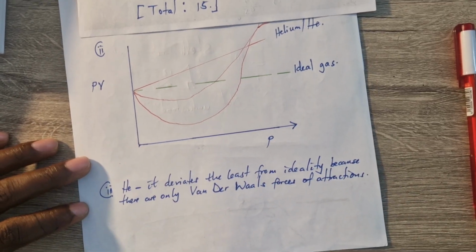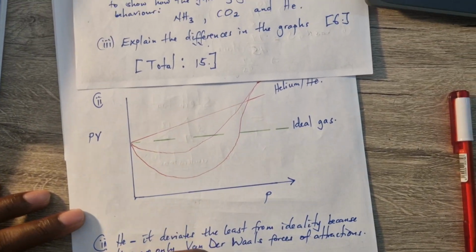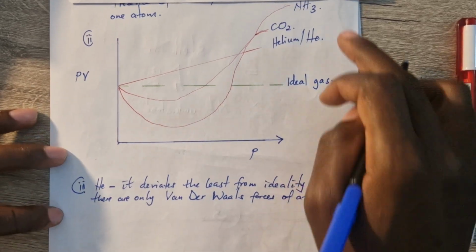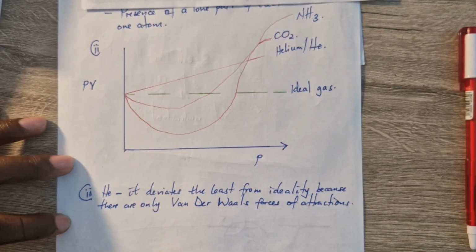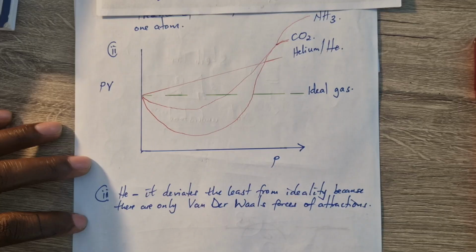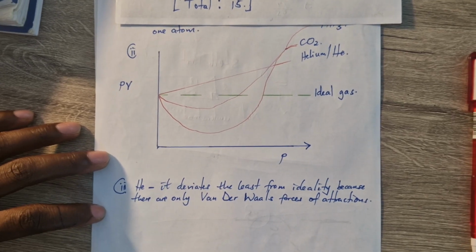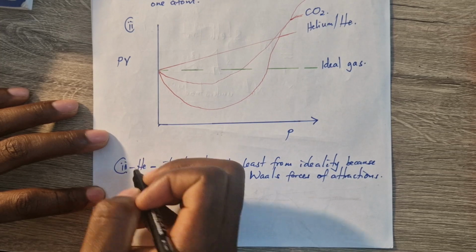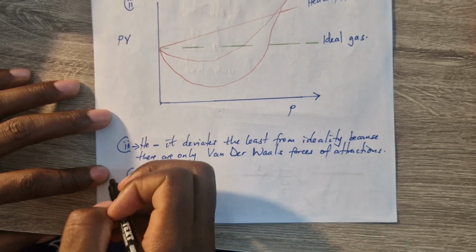So that's the reason. Okay, so we can also talk about carbon dioxide, because we have to explain each graph. So that was for helium.